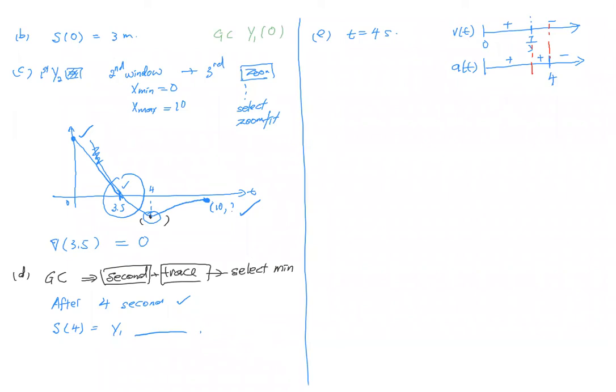So that means increasing speed, I mean this region and this region, agree? Yes. So it will be T between 0 and 7/3 or T greater than or equal to 4.